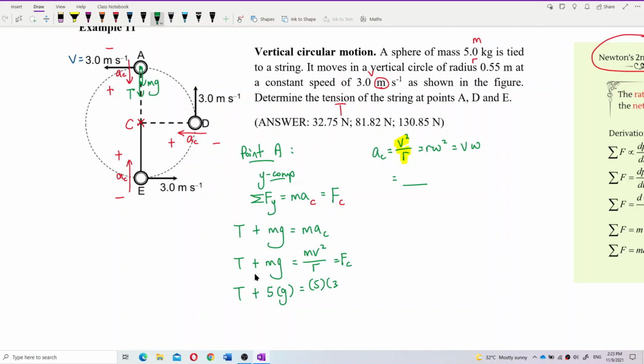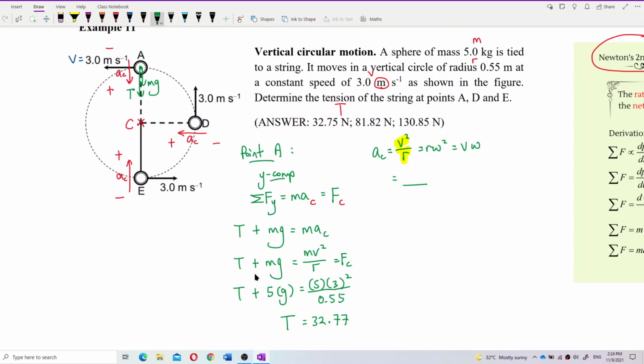And then the r, where's the r? 0.55 meter. So let's calculate and find the tension in the string. Alright, I get the answer: my tension is 32.77.